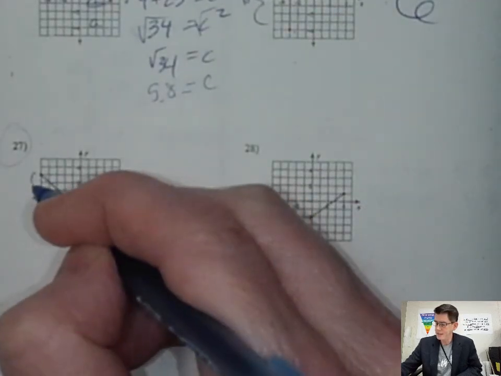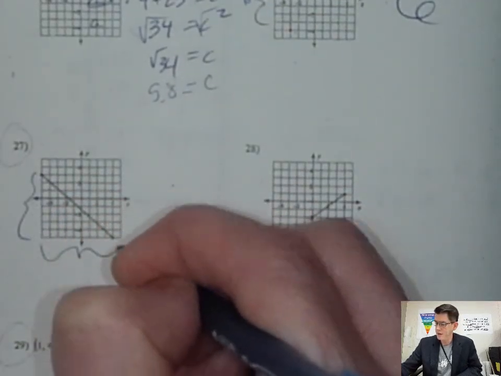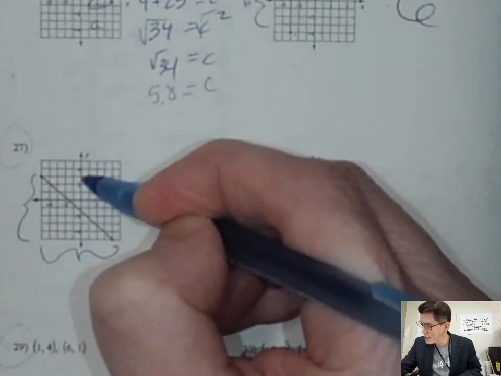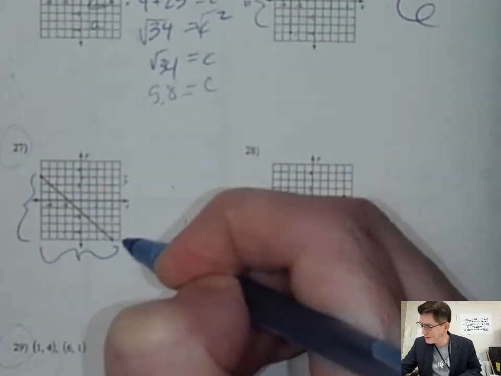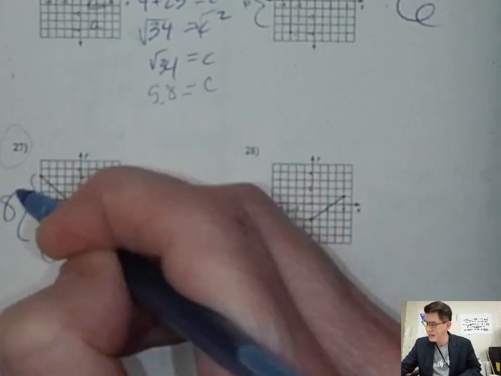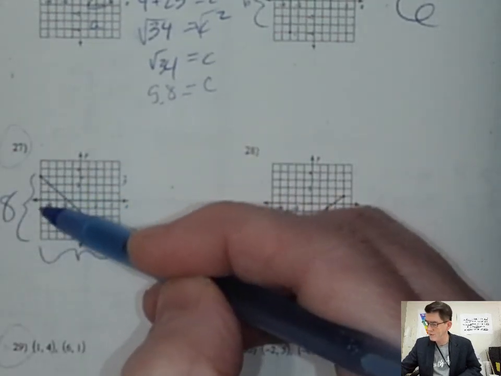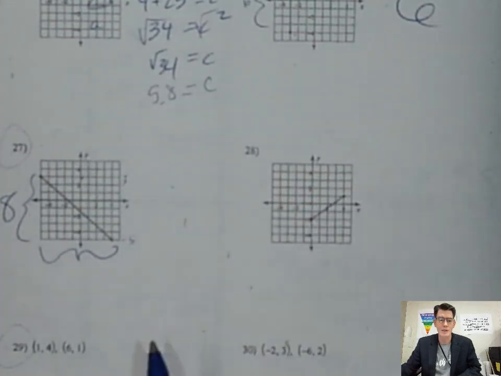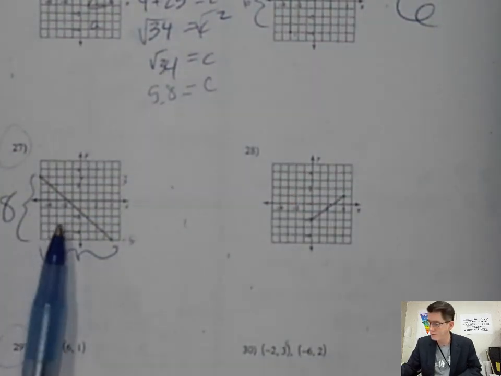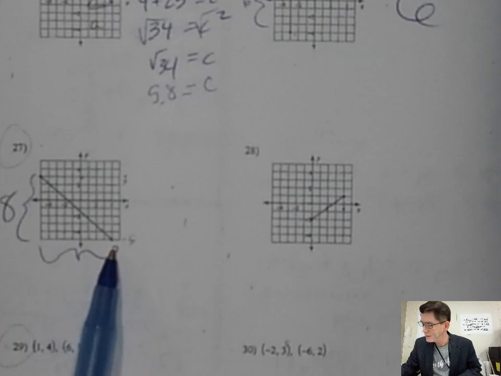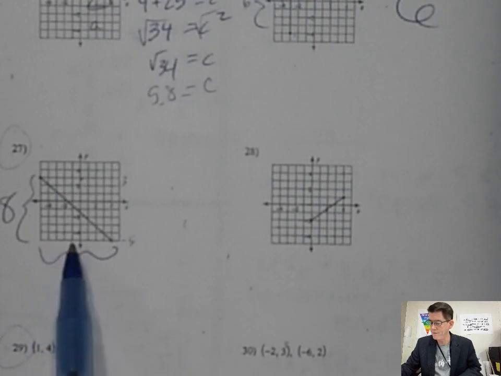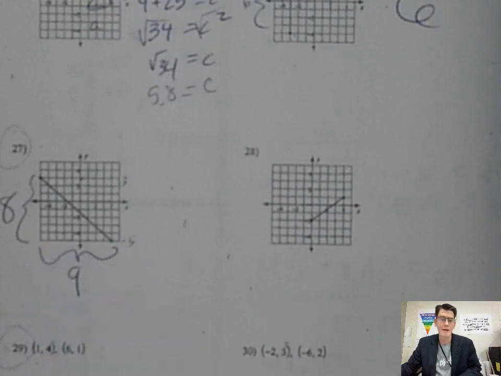27, finding these distances from here to here and there to there. You can count the units. I can see that it goes from 3 on the y-axis down to -5, so that's a distance of 8. If you counted 1, 2, 3, 4, 5, 6, 7, 8, but you can just count where it's at on the y-axis. And then on the x-axis, it's from -5 to 4, so that's 9. Or if you counted it over, 1, 2, 3, 4, 5, 6, 7, 8, 9.